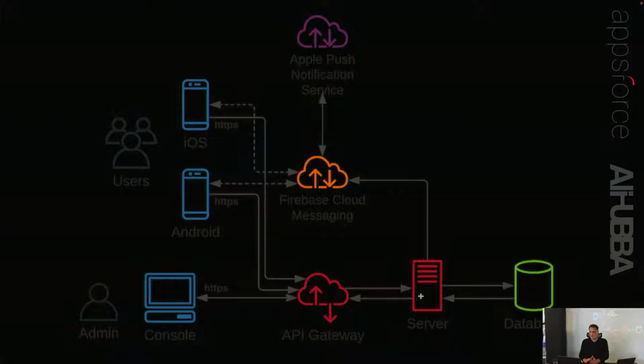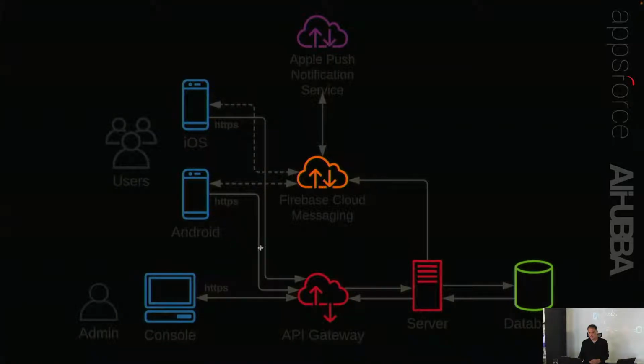Now, of course, our server has a database where we store all our users, okay? And this is where we are also going to store our tokens that we receive, so we know who we are sending the message to. Our server communicates through APIs, and we are going to look at quite a lot of APIs today.